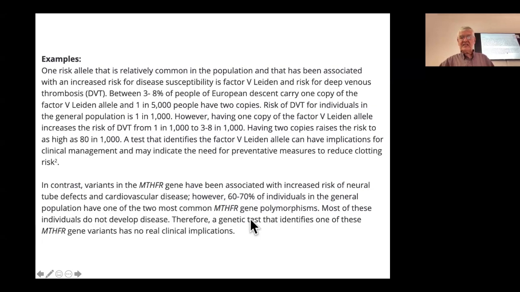Therefore, a genetic test that identifies one of these gene variants has no real clinical implications. My point is that what these mean is really subtle. If you get the report, don't freak out, and if it looks really serious, go talk to a doctor about it.